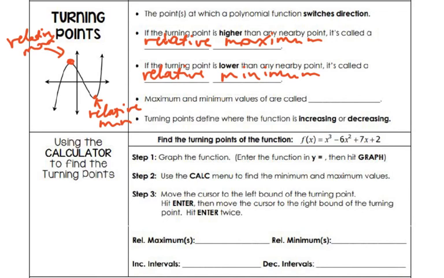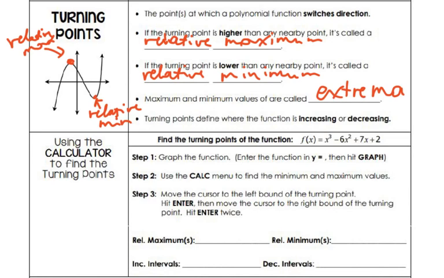Maximum and minimum values are called extrema. So that's a new word: extrema refers to either maximum or minimum. And turning points define where the function is increasing or decreasing.